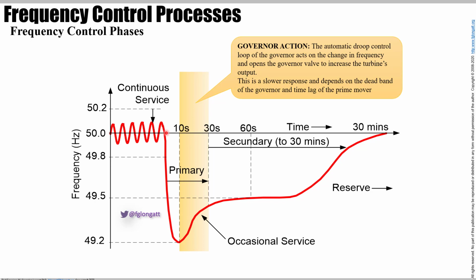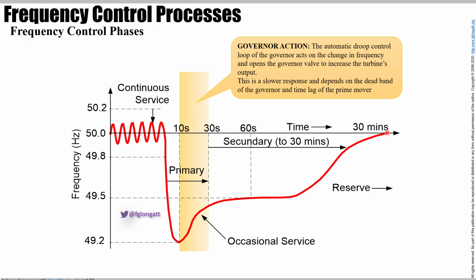That is the governor. The governor has some time constants, and that time constant could be several seconds, okay? And then we have the process where the frequency must go back, okay?